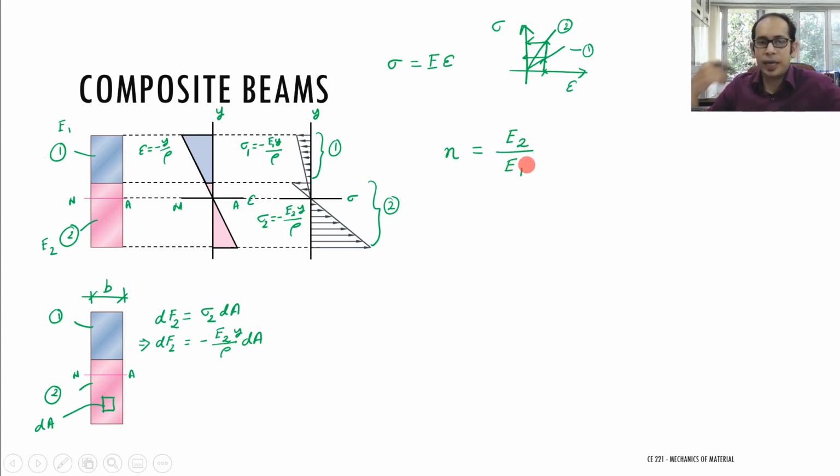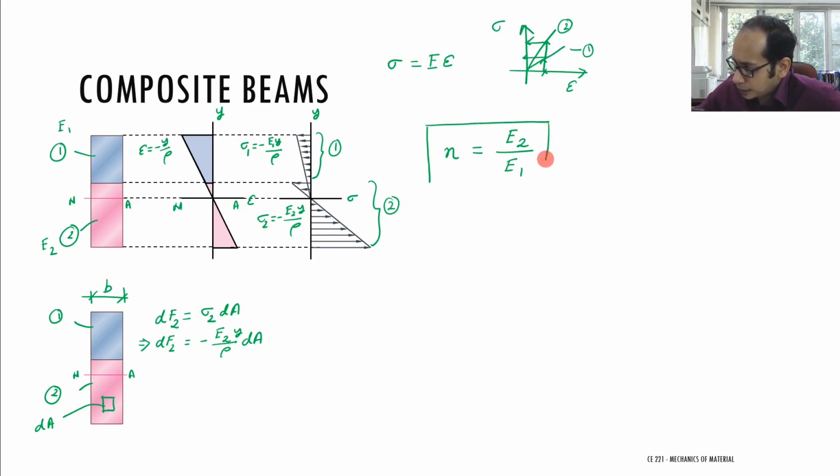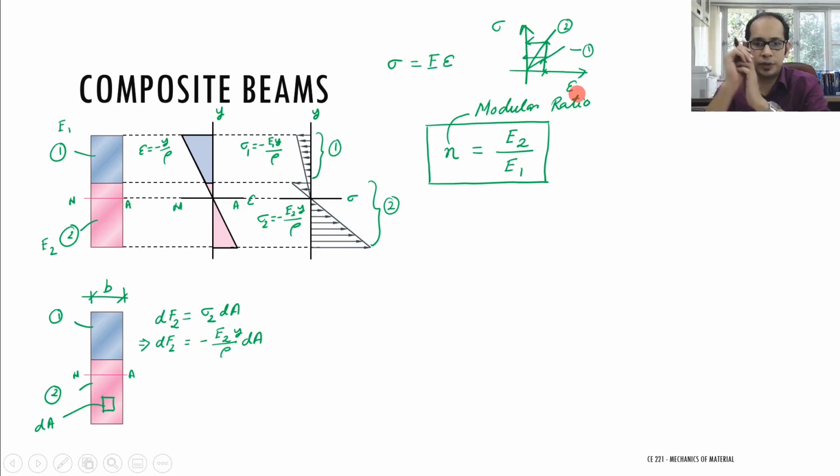So n is the ratio of the modulus of elasticity of material 2 to material 1, and n is also known as the modular ratio.